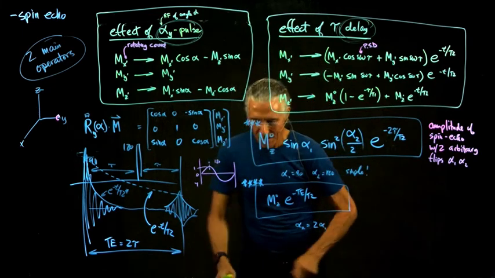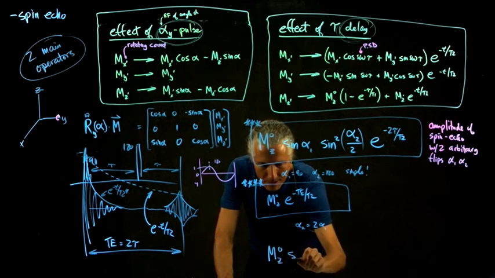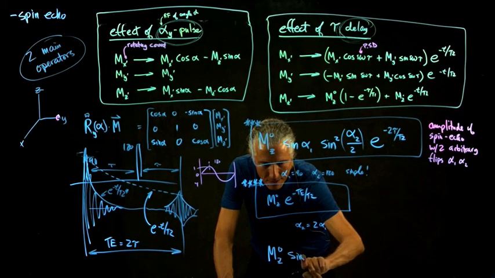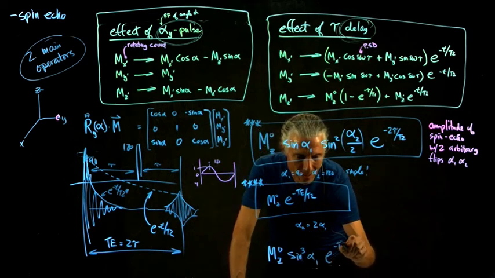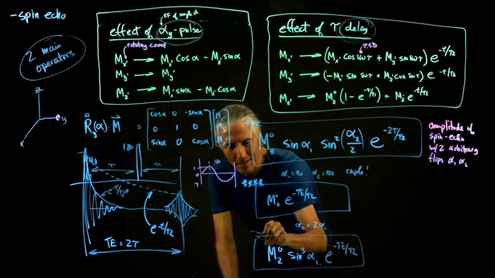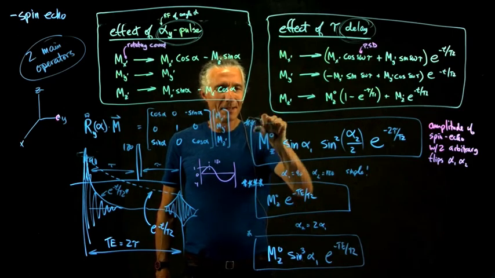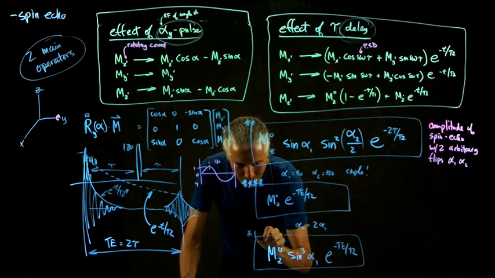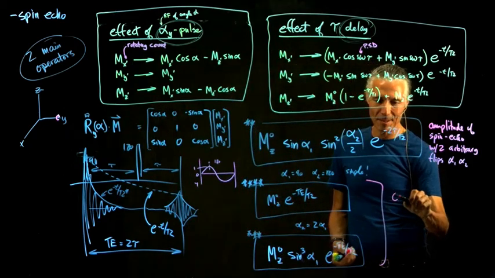If you do that one, then you get another simple case, which is Mz0 sine cubed of alpha 1 times e to the minus echo time over T2. So that's another simple one. We'll give that one 2 stars, give that one 4 stars, this one gets 3 stars. They're all the same thing. So these were just special cases, but common special cases.